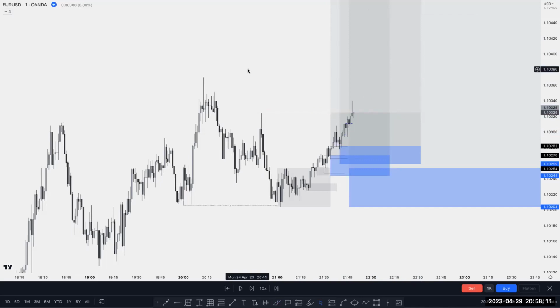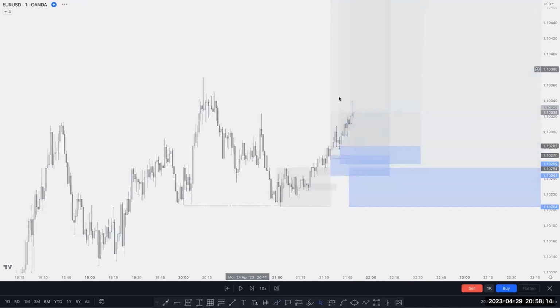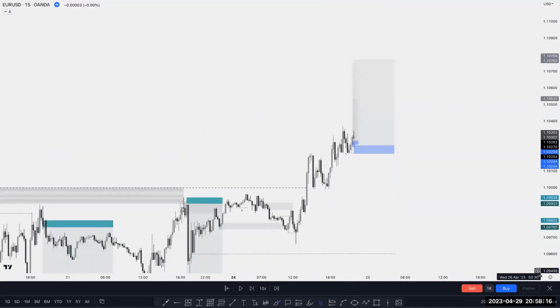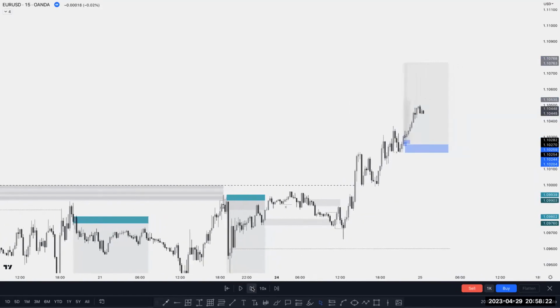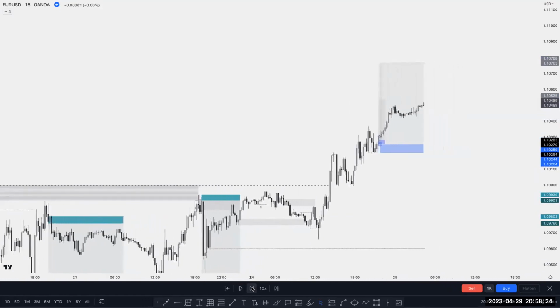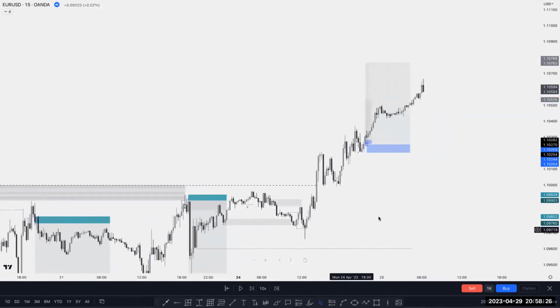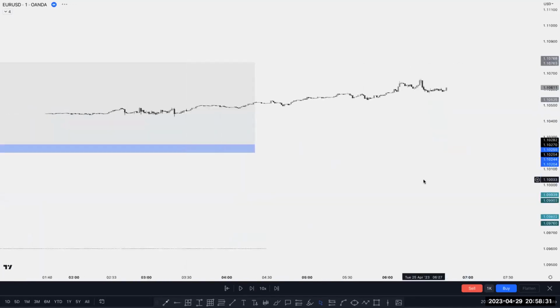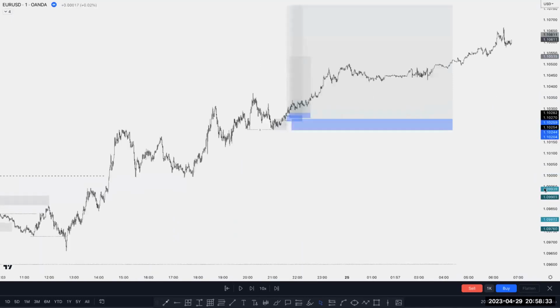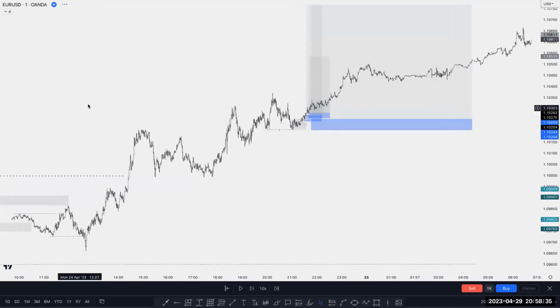Okay. And now I'm going to switch to the 15-minute time frame. Okay, perfect. It continues going higher. Again, switch to the 1-minute time frame. And this is happening here.